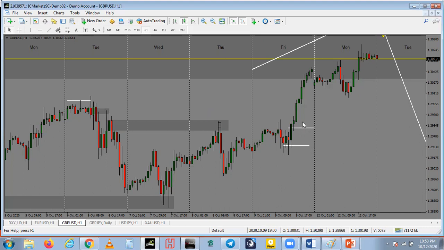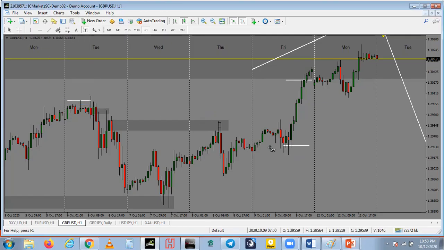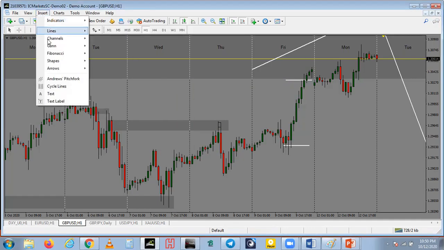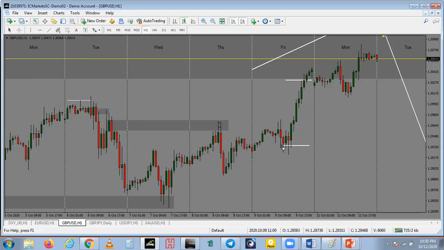So let's say you entered at that price and you came out at this price. So let's actually see that price. You entered at 1.29350.